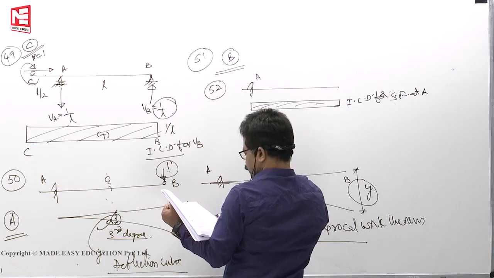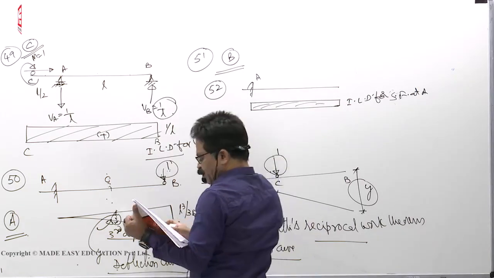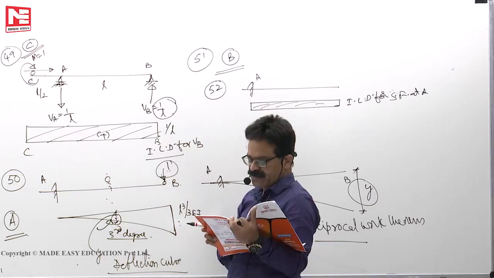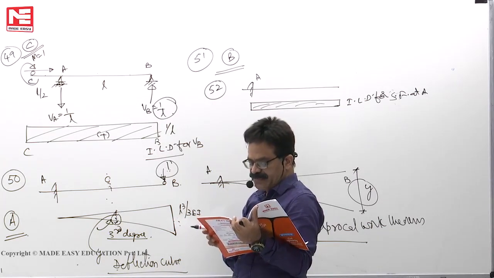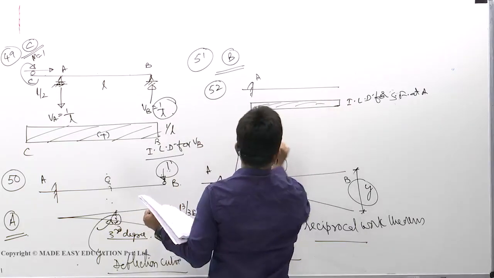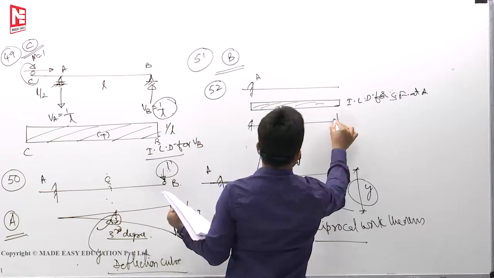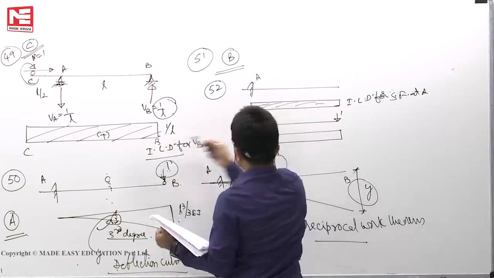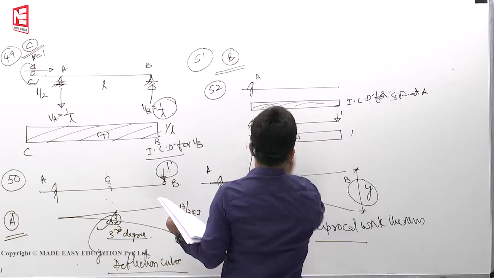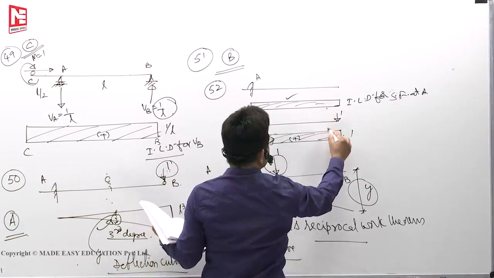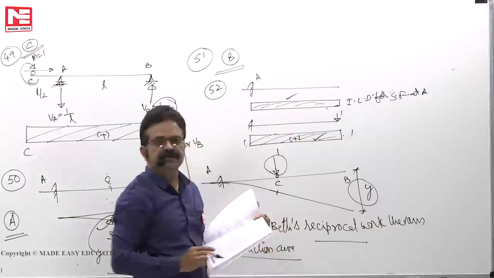Cantilever beam due to unit load, I repeat: the ILD for shear force at the fixed end of a cantilever and the SFD due to unit load at the free end are the same. Second case, if I apply a unit load here, what is the shear force diagram? Same. So ILD for shear force at A and the shear force diagram are the same.